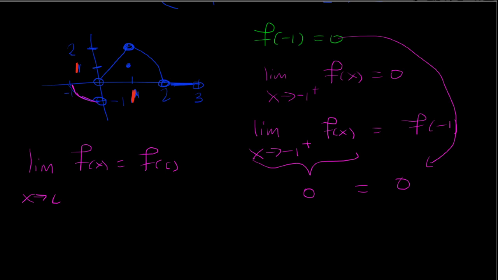Okay. Next, let's look at f of 1. So does f of 1 exist? The answer is yes. f of 1 is 1. That's this point right here. Does the limit as x approaches 1 of f of x exist? So let's take a look. Here we have to consider the left-hand limit and the right-hand limit.